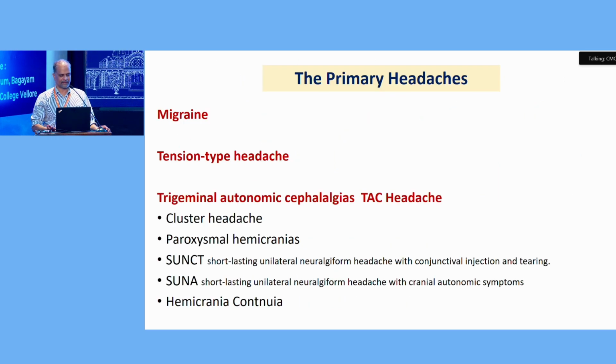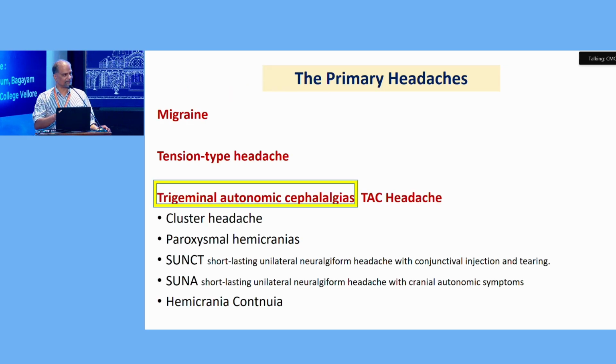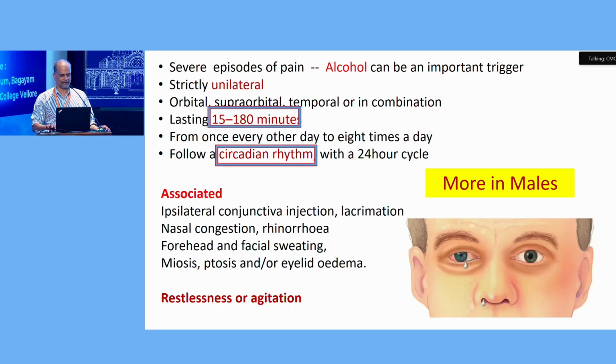Next we have the trigeminal autonomic cephalalgias, and as I told you, there are some subgroups. The first is the cluster headache. These are very severe episodes of headache, often precipitated by alcohol, and these are strictly unilateral headaches, mainly seen in males. This is around the orbit and temporal part of the head, and this can occur very frequently in a single day, and follows a circadian rhythm in a 24-hour cycle.